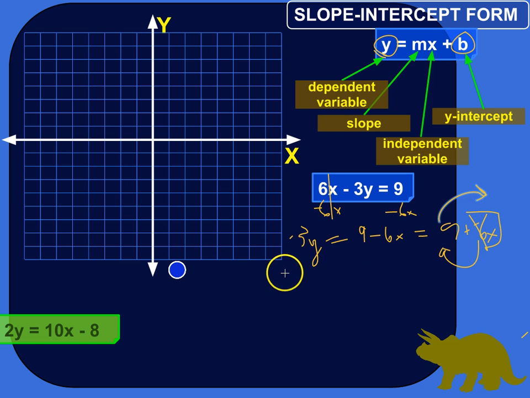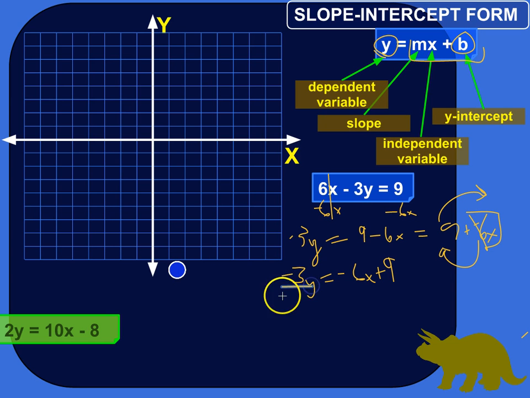What we'll have is negative 3y is equal to negative 6x plus 9. That's what we have so far. I did that because I want the x term on the left and then the rest of the stuff on the right. So we subtracted 6x from both sides, so this side becomes 9 minus 6x, which we can rearrange to negative 6x plus 9.